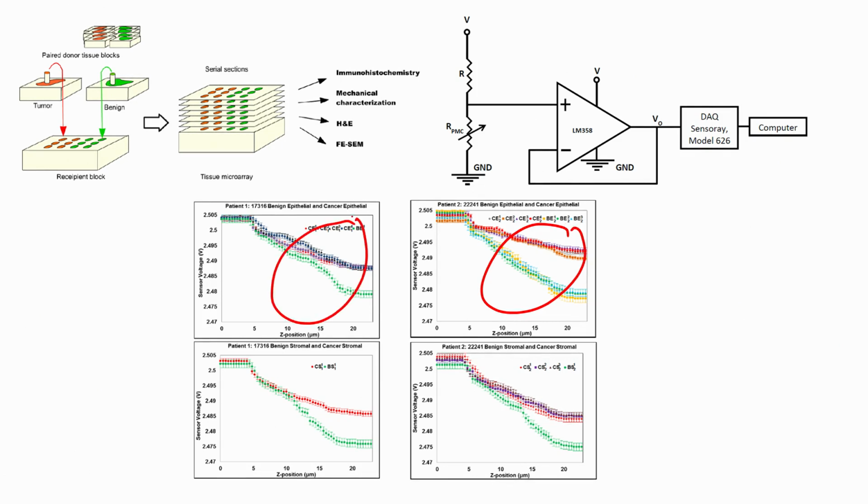When we measure tissues from the epithelial region, tissues from the stromal region, also the tissues from benign region and cancerous region, we can clearly see that with the help of piezoresistive microcantilever, we are able to delineate whether the tissue is normal or benign or it is cancer, correct.